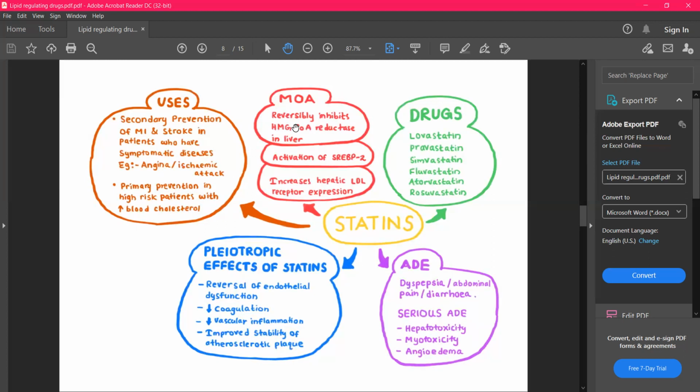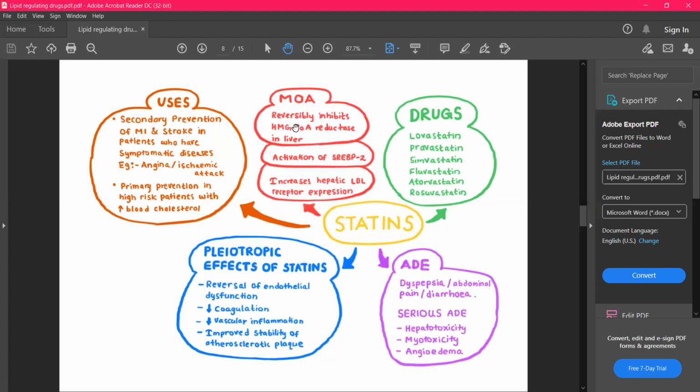So as you can see, what is the clinical usage? These drugs are actually first line for patients with increased atherosclerotic cardiovascular diseases. Indications: if you identify a patient as having symptoms of metabolic syndrome, then you can initiate statins.